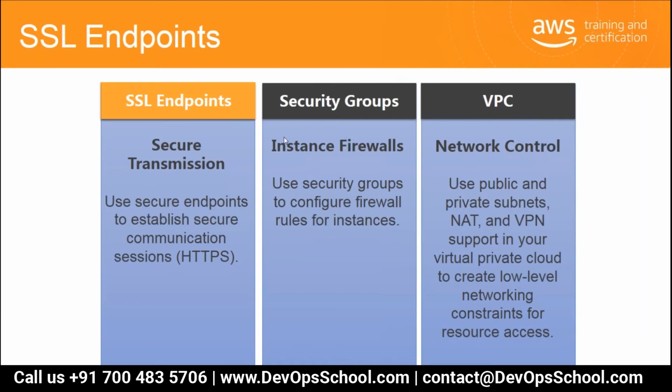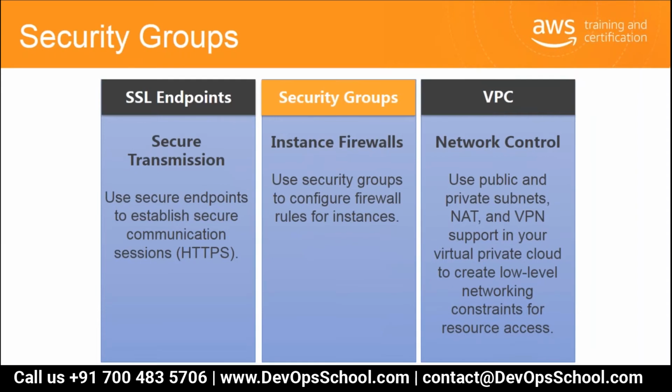Then, at the layer where your data is stored, security groups provide prevention or defense, like firewalls, for your servers. You can use security groups for controlling access, deciding what rules should be allowed to your system.